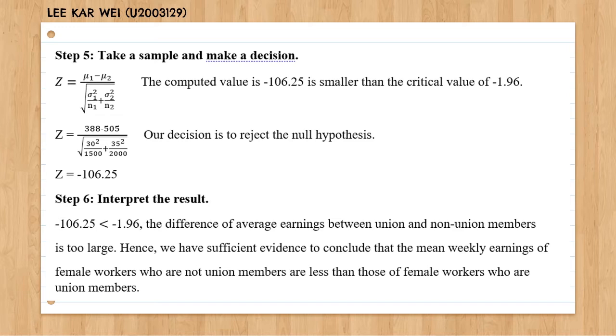Then we input all the values that we have obtained from the question, and eventually we will come up with a z-score which is negative 106.25. So the computed value is negative 106.25, which is smaller than our critical value of negative 1.96. So our decision is to reject our null hypothesis.